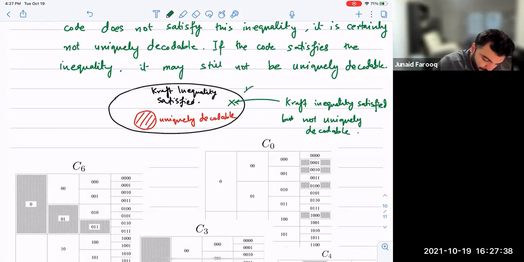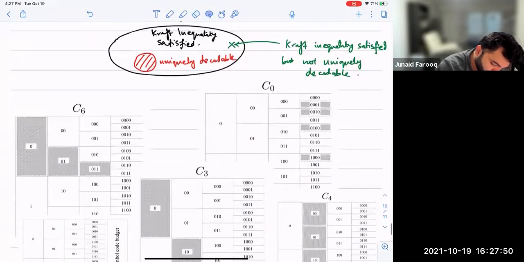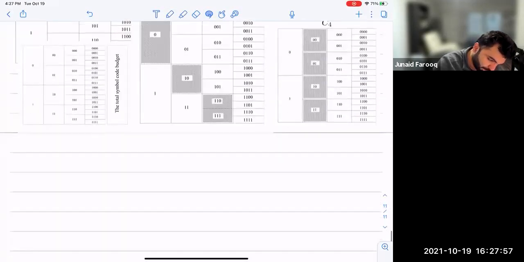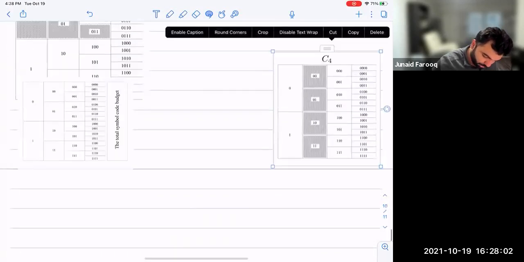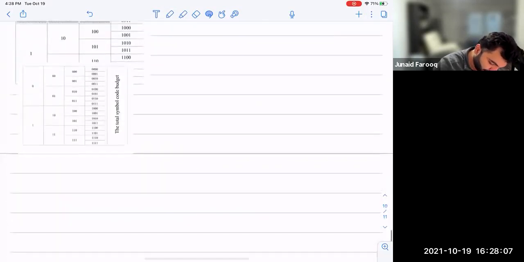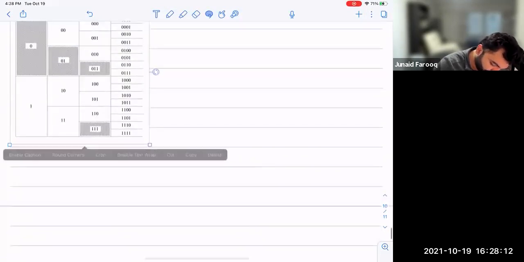So if anything is here, it can never be a uniquely decodable code. That's an important property to know here. And let's take a quick example to see how we can make use of these. These figures actually help you see how the Kraft inequality can be looked at from an illustrative point of view.